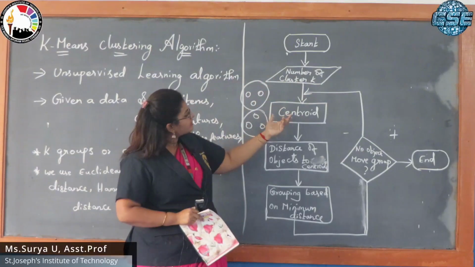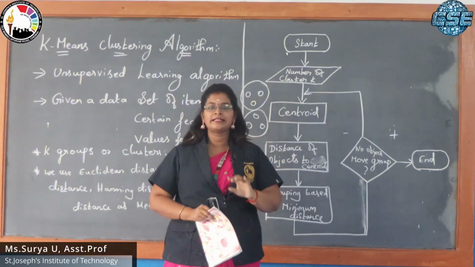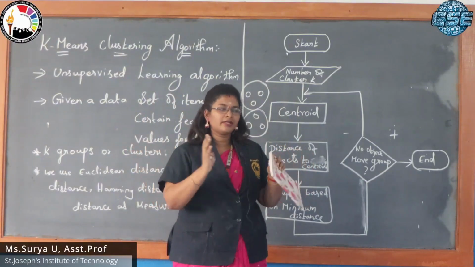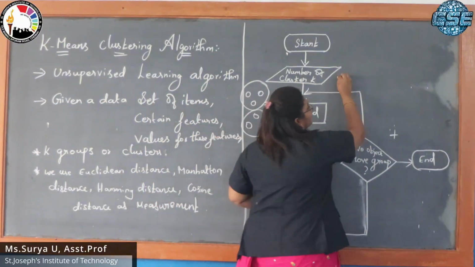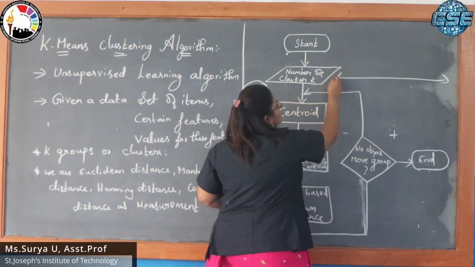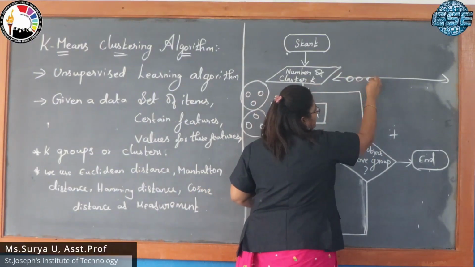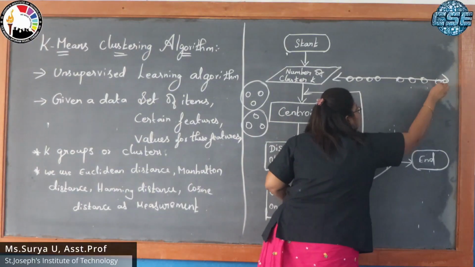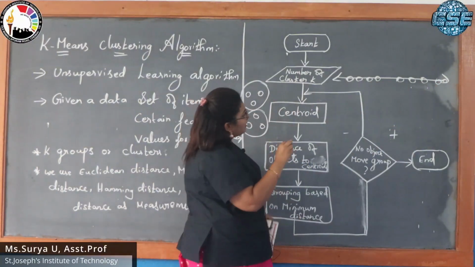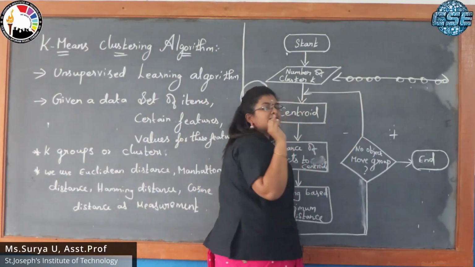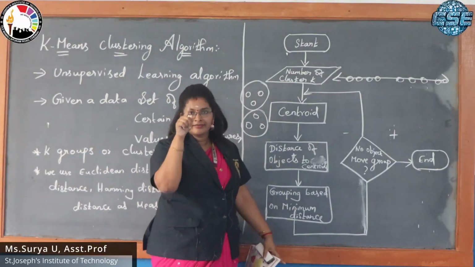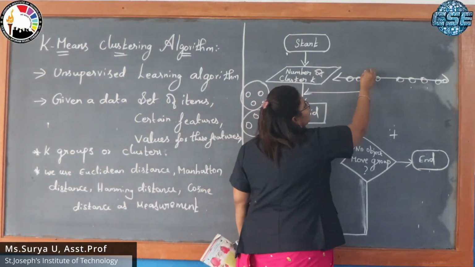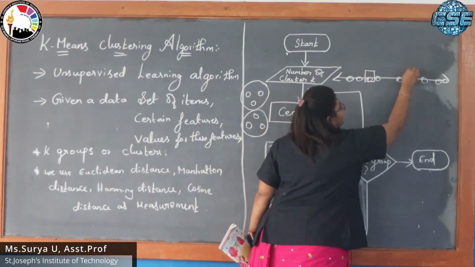After deciding this, we have to choose the centroids. Centroid means you have to choose some center values. For example, let me tell you, we will go with this figure. Here I have a set of points like this. Suppose my K value is 3, then I have to choose 3 centroid values.